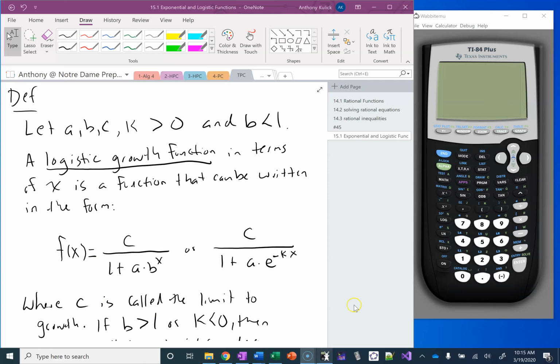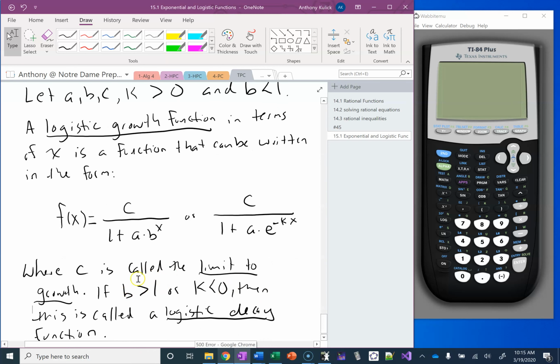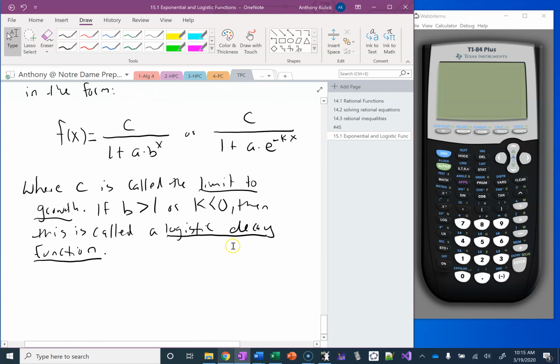We call c the limit to growth. I guess I should underline that. That's like a definition. And we say that if b is greater than 1, or if the k is negative, then we call this a logistic decay function.